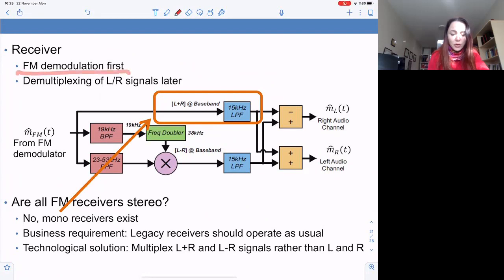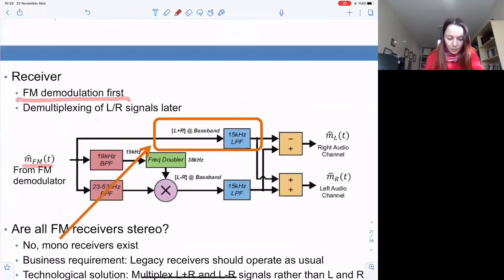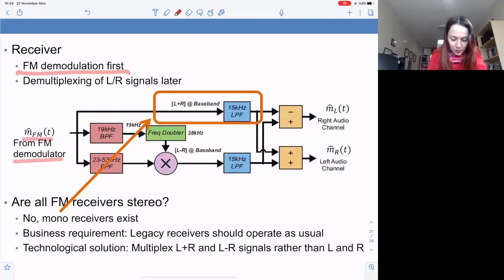First, demodulate the whole thing using FM demodulation. And then we will worry about demultiplexing. Okay, so this received signal, combined of all of these things, comes to the FM demodulator.